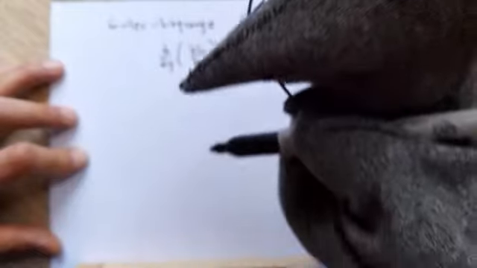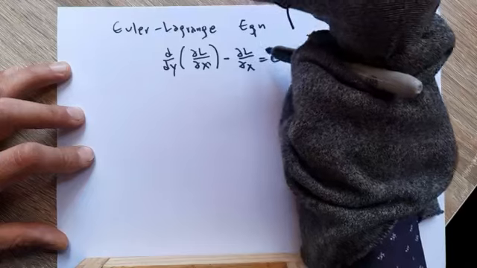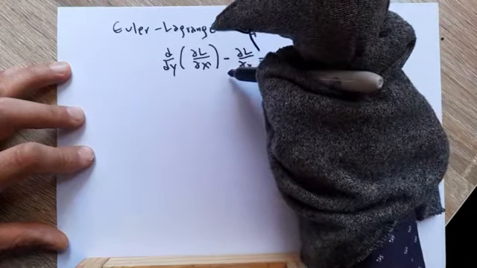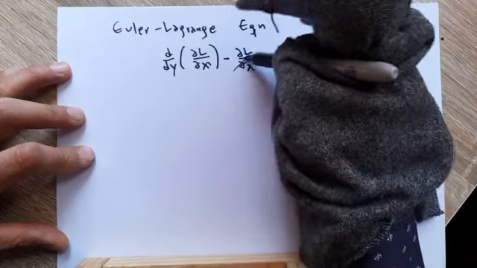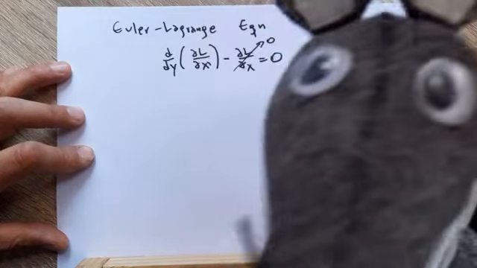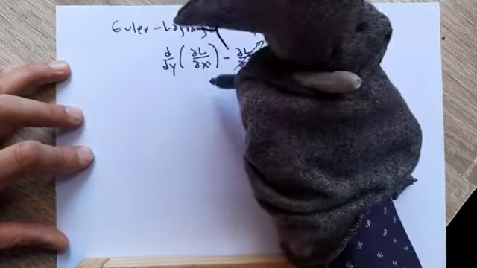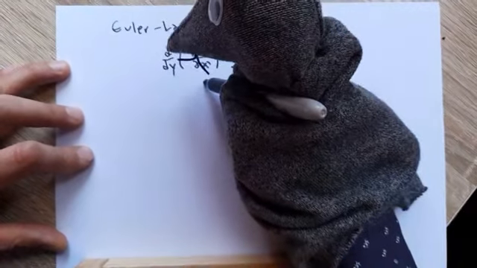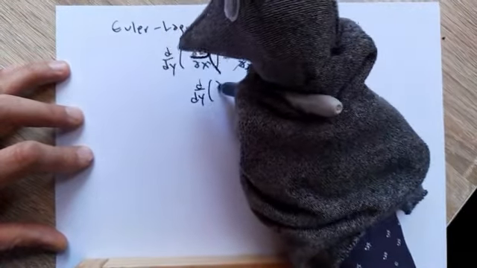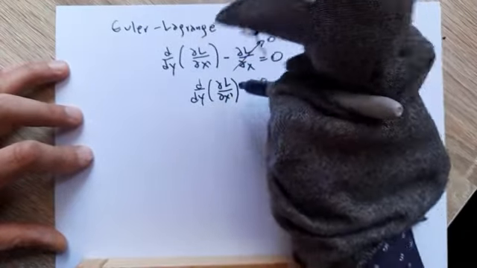So in this case, we already saw that the L does not depend on x. Explicitly, this term here will be 0. So we got that d/dx of ∂L/∂x prime equals 0.